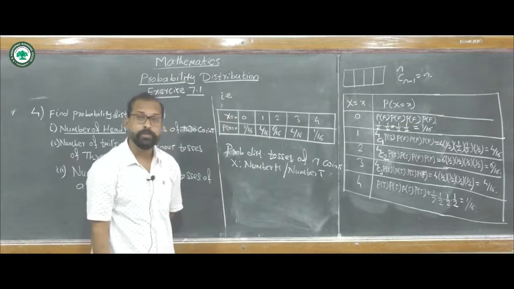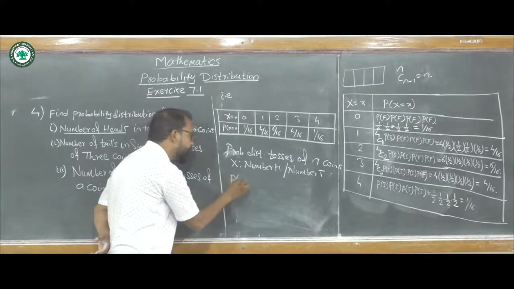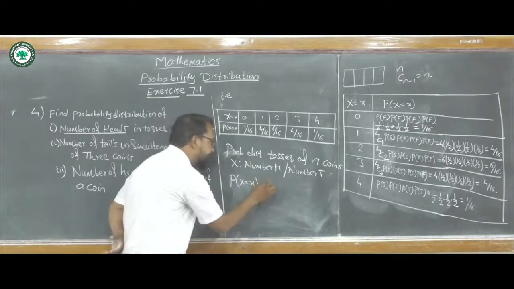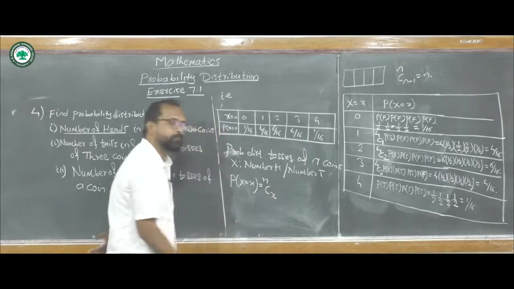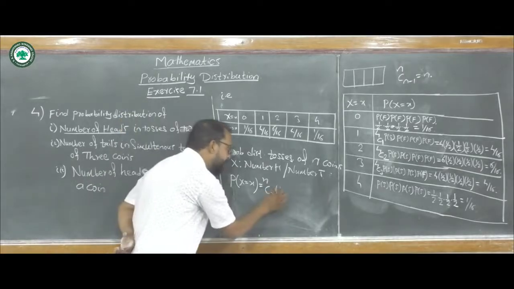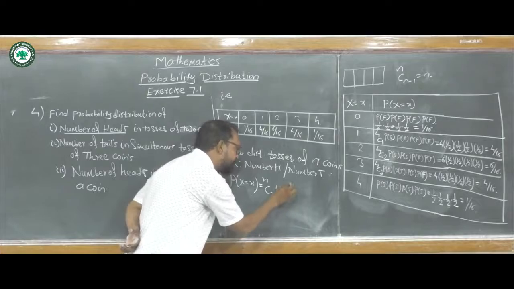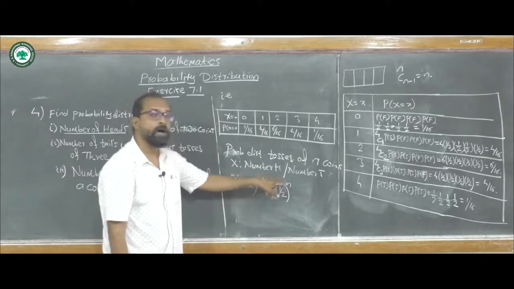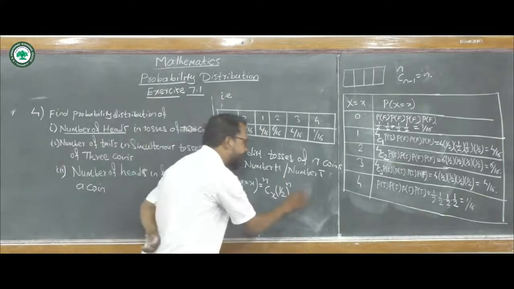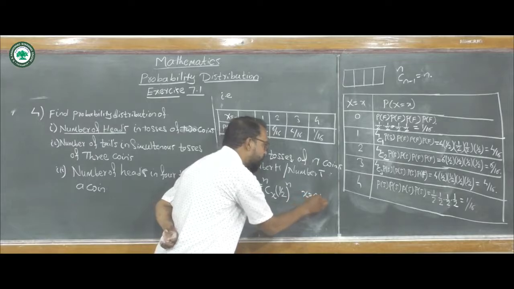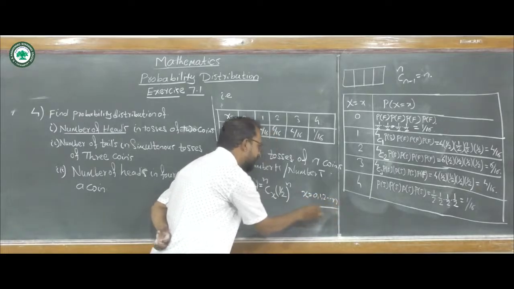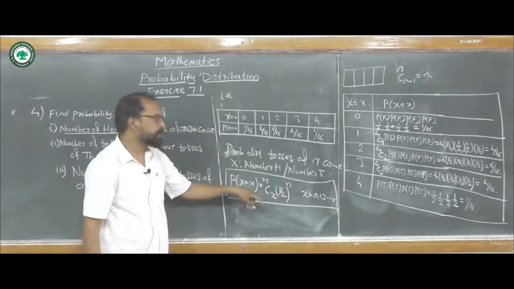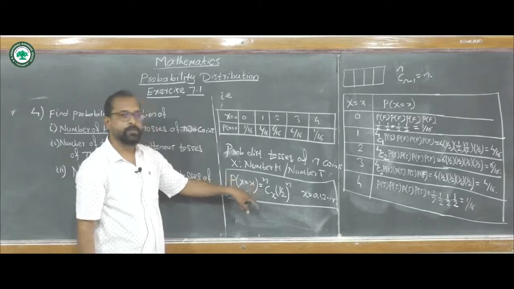Its probability distribution is given by probability of X equals x equals nCx into 1/2 raised to n, for x equals 0, 1, 2 up to n. This is the generalized formula. You can use this directly.